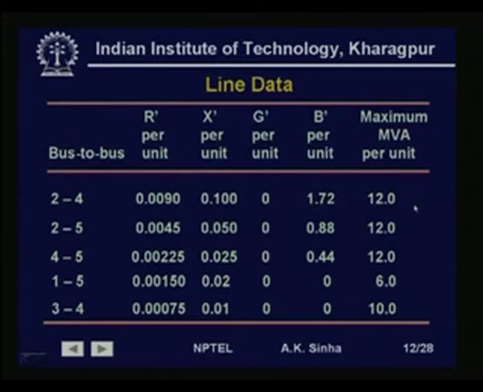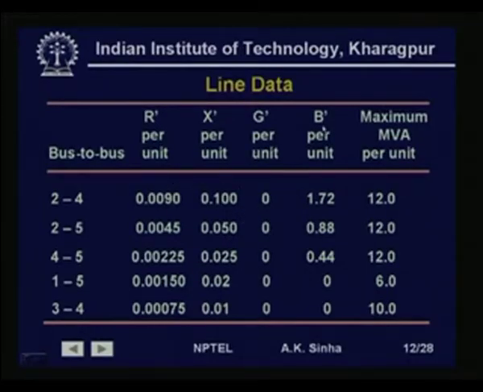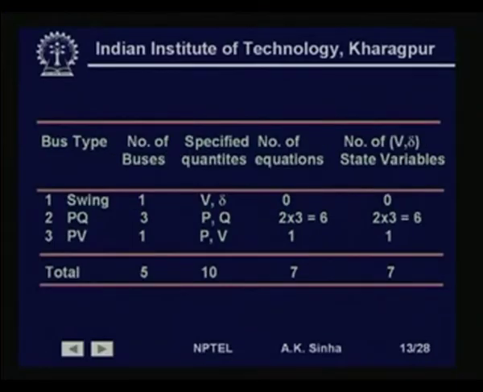We also have a maximum rating of the line, that is, you can't allow more than a certain amount of power to flow on the line, which is limited by the current carrying capacity of the conductor of that line. So, data like this, R, X, G, B and the maximum MVA limit for the line, will be specified. This data is used for forming the Y bus matrix.